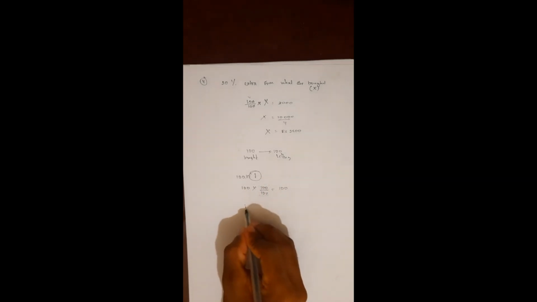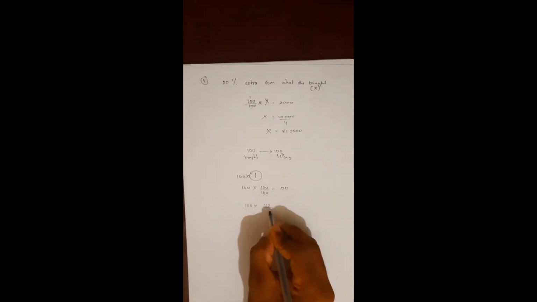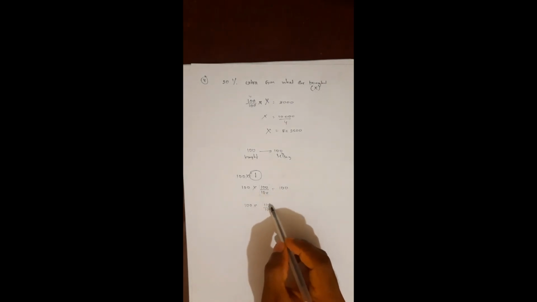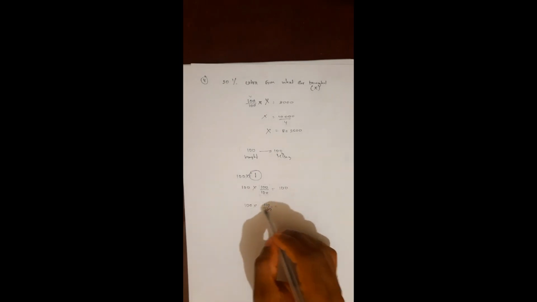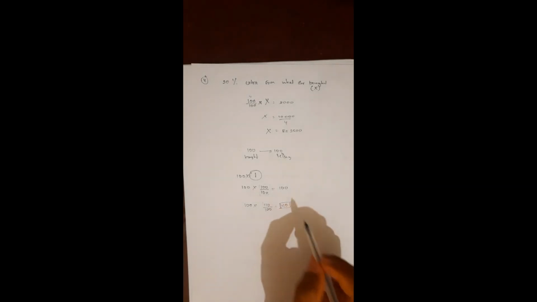Now let's say that she is selling for 10% profit. 10% profit means there is 110 over 100. So the 10% profit part is added to the earlier 100, and that is equal to 110 rupees.